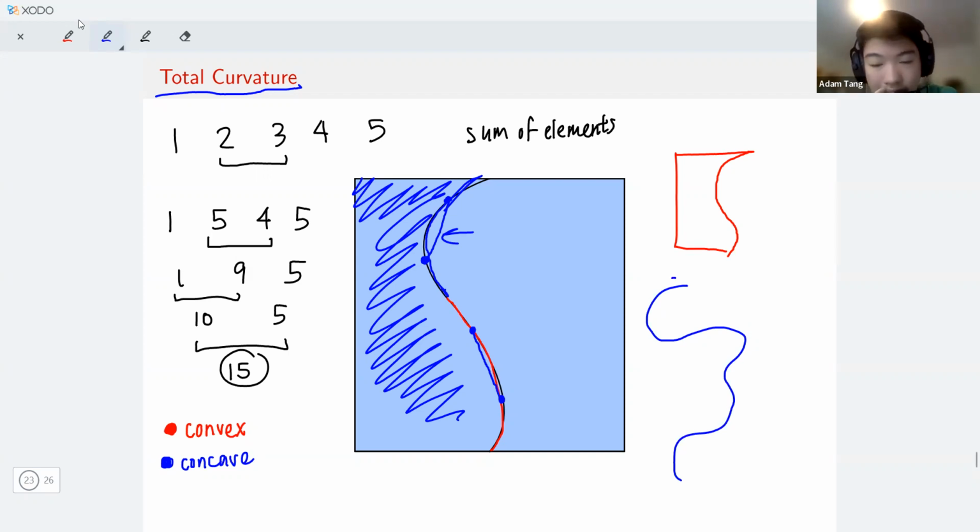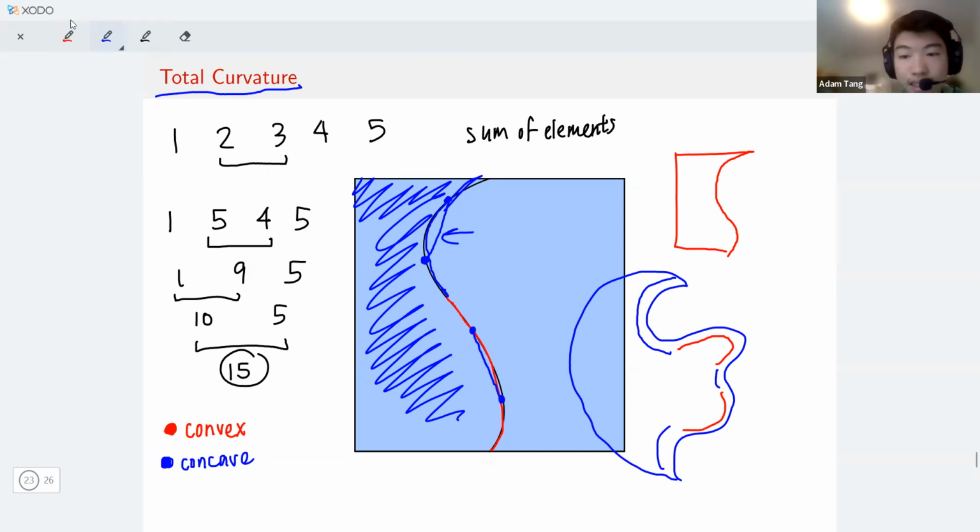You can see that this part is concave, if you consider the whole thing, for example, this is concave, but then this part is convex, and then it goes back to concave, and then convex, and then concave again. You can see how it's possible to assign either blue or red to any point on this curve.